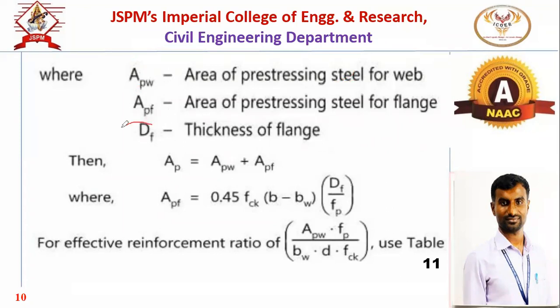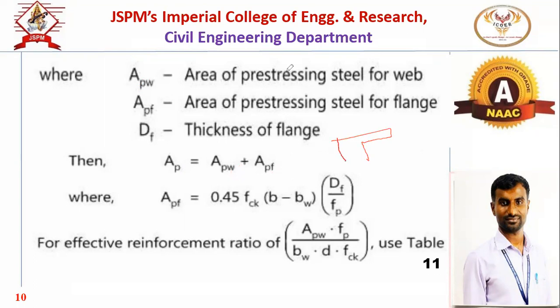Then this Df is nothing but the depth or thickness of the flange, and the total pre-stressing steel is the area of web plus area of flange. Suppose this is the T section.